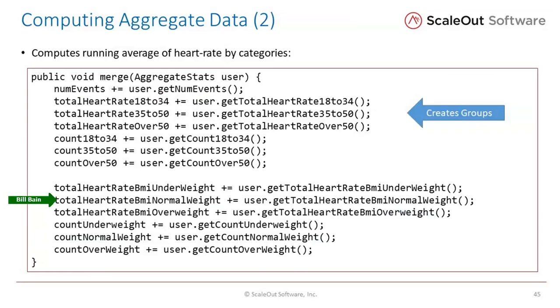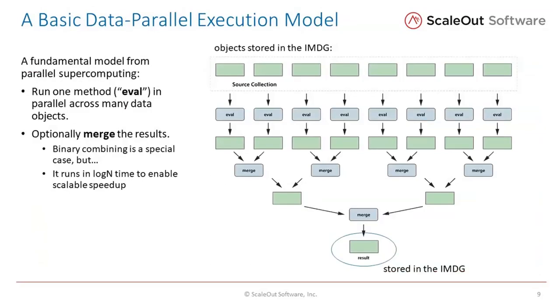I'll just go back to this algorithm to show you. So it's being used both to extract data out of the digital twin objects and to do a binary merge for two sets of results, and then perform that successively to generate one result object with this extracted and averaged information.